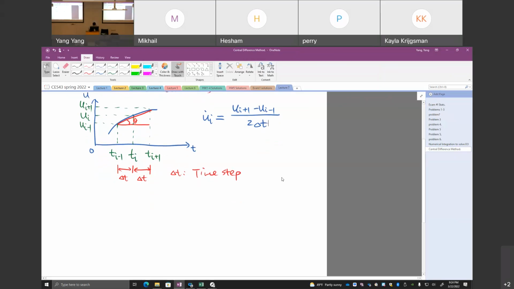Similarly, we can express the acceleration in terms of central difference.